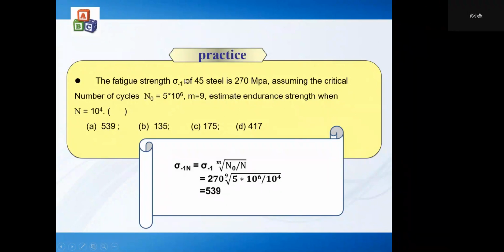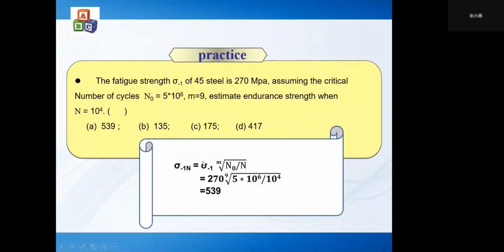The sigma minus 1 is the endurance stress with the number of cycles n0, and the sigma minus 1n is the endurance stress with the number of cycles n.